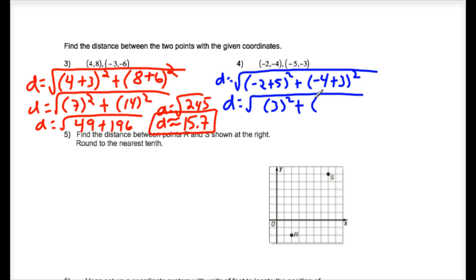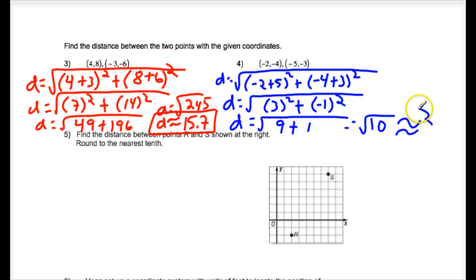Negative 4 plus 3? 1. Or negative 1. Negative 1. Oh, looks like we already did a problem with these numbers. Trace, what's 3 squared? 9. 1 squared? 1. Add them together? 10. And what's the square root of 10? 3.2. Yeah, we already did that on the front side, 3.2.